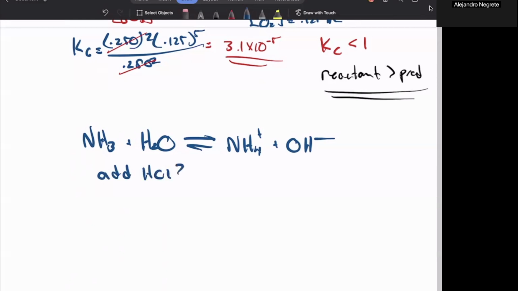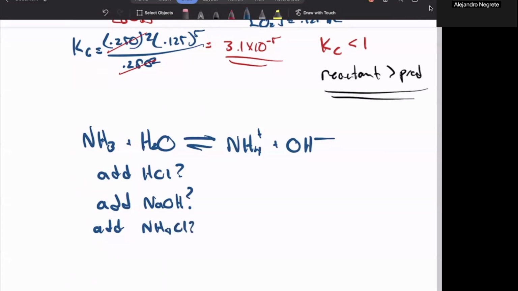What's going to be the effect? Maybe we'll add a strong base, some sodium hydroxide. How is the system going to relieve the stress of adding a strong base? How about we add some ammonium chloride? What is the effect going to be if we add some sodium chloride?